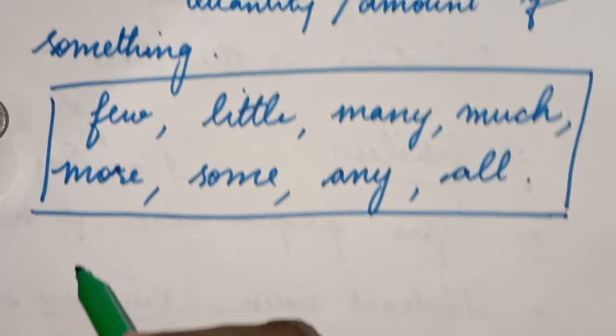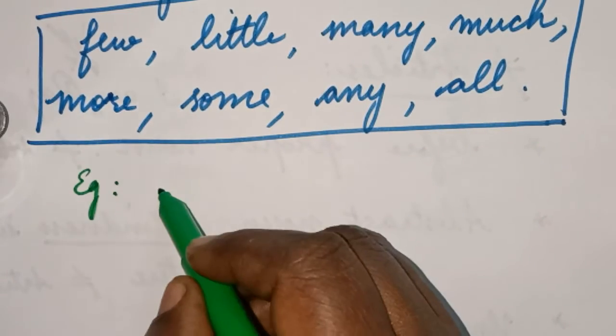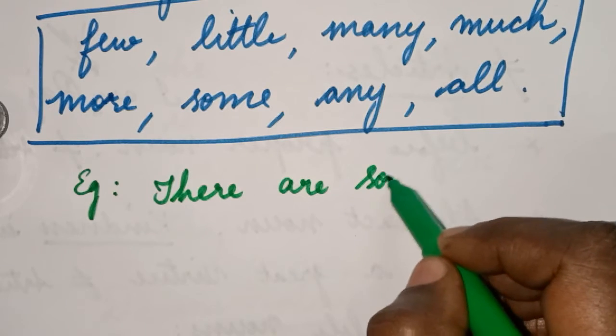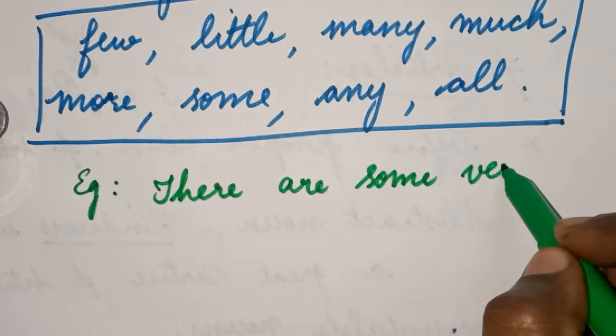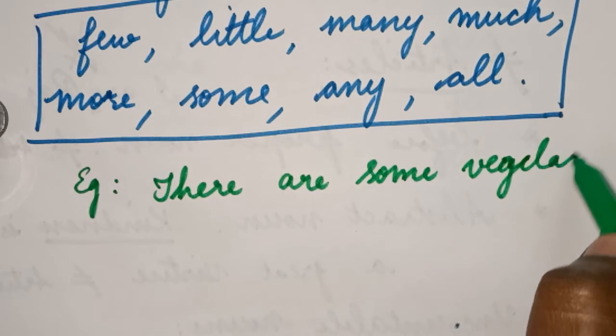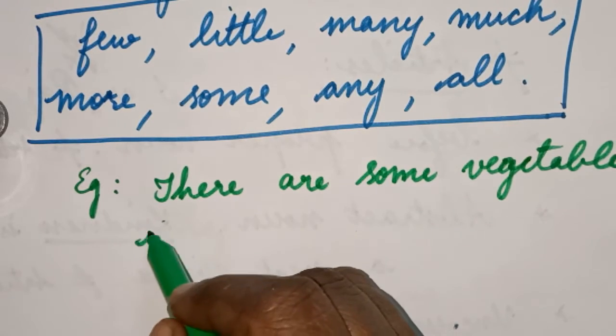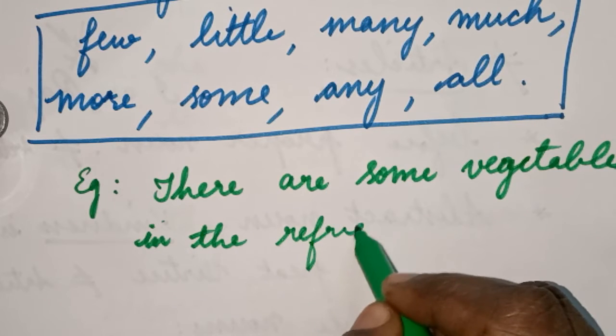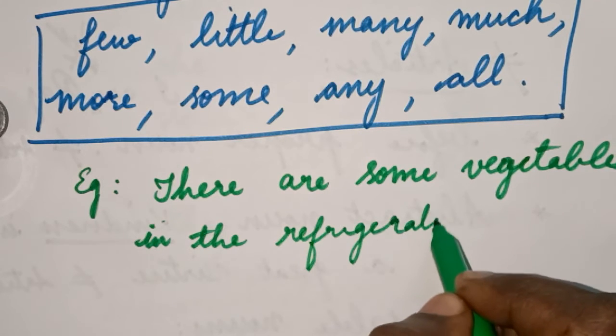Understood? For example, there are some vegetables in the refrigerator.